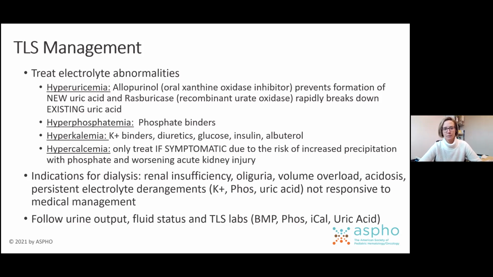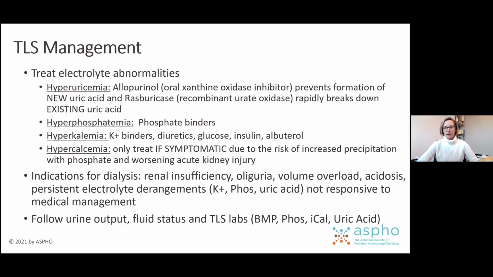Hyperkalemia, we use potassium binders, diuretics, glucose, insulin, albuterol, things like that to change the distribution of the potassium. And then hypocalcemia is really only treated if it's symptomatic, because giving calcium into the blood can then cause worsening precipitation with the elevated phosphate, and then ultimately worsen kidney injury.